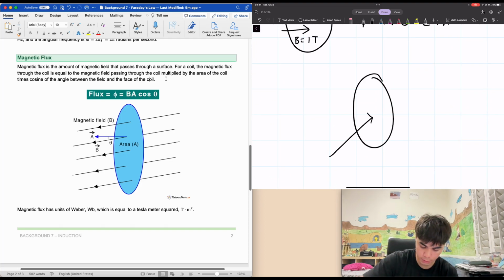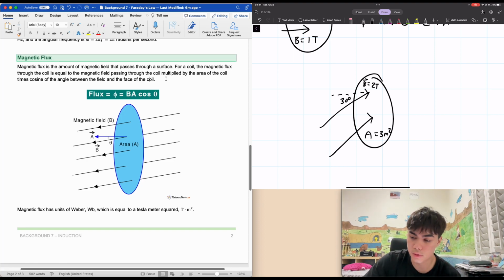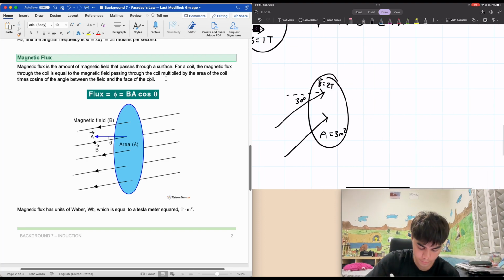If the magnetic field was not perpendicular to the area of the coil, if it was coming in at an angle, with an area of 3 meters squared, and this magnetic field is 2 Teslas, and this angle right here is 30 degrees. Make sure you use the angle that is perpendicular to the face of the coil and the magnetic field.